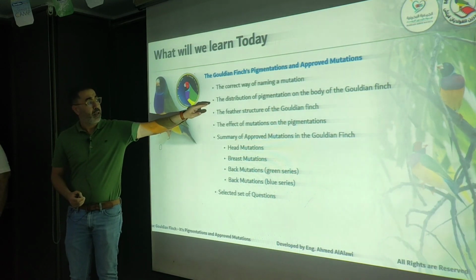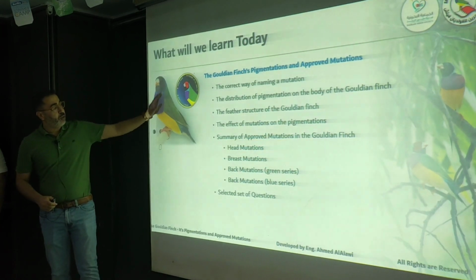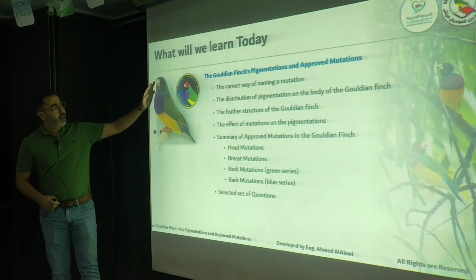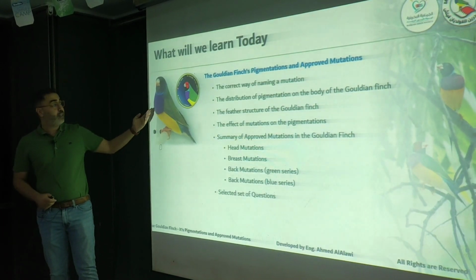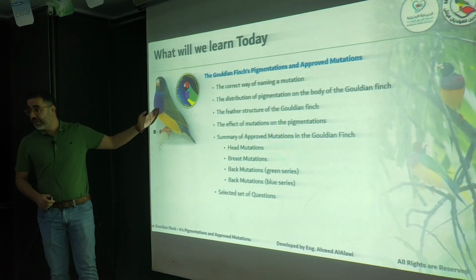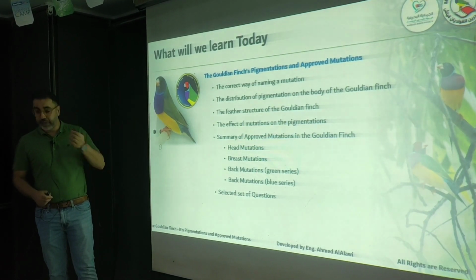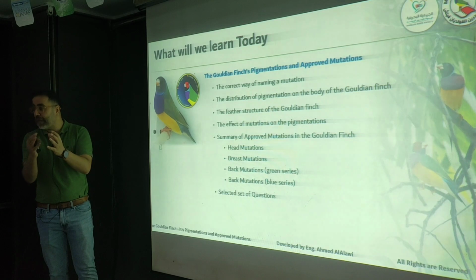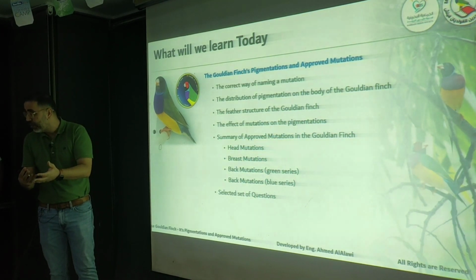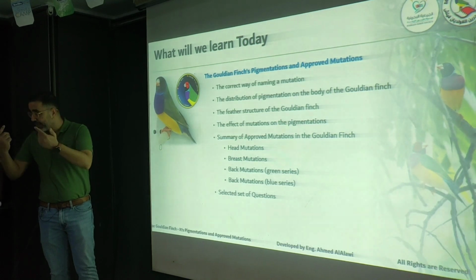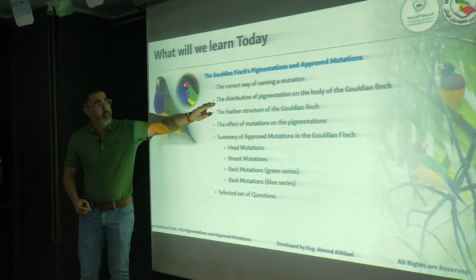Then, this beautiful bird that you see, I see green, but is it really green? I see purple, is it purple? If I take a feather and zoom in under the telescope, will I see purple? So let's think together. That's the second topic.